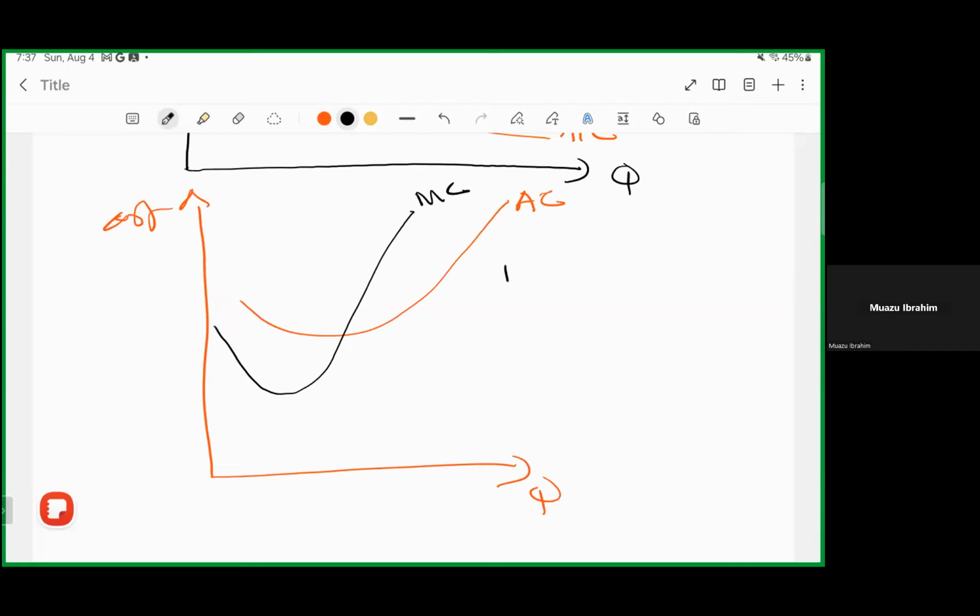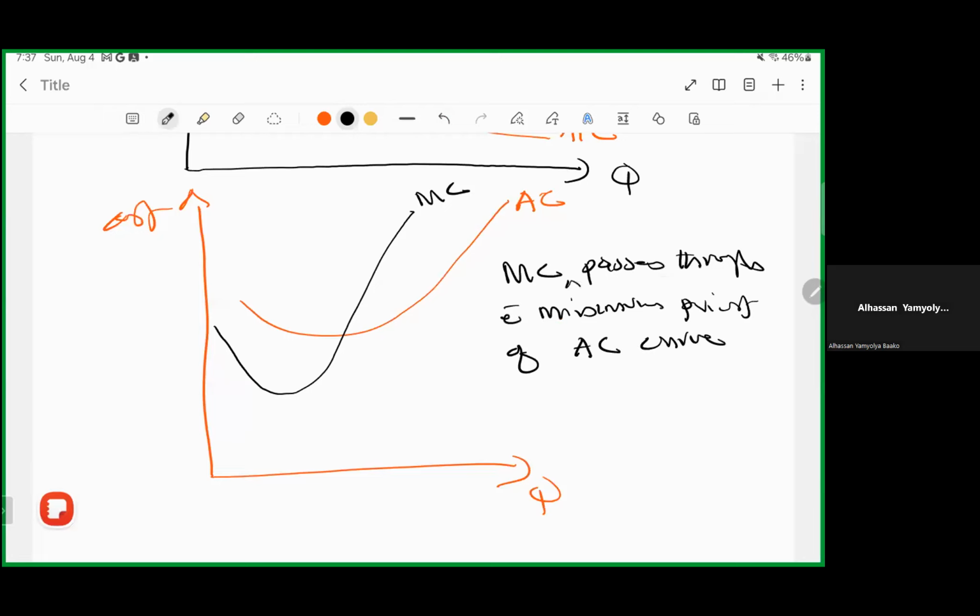So please note, marginal cost passes through the minimum point of the average cost curve, as you can see here.